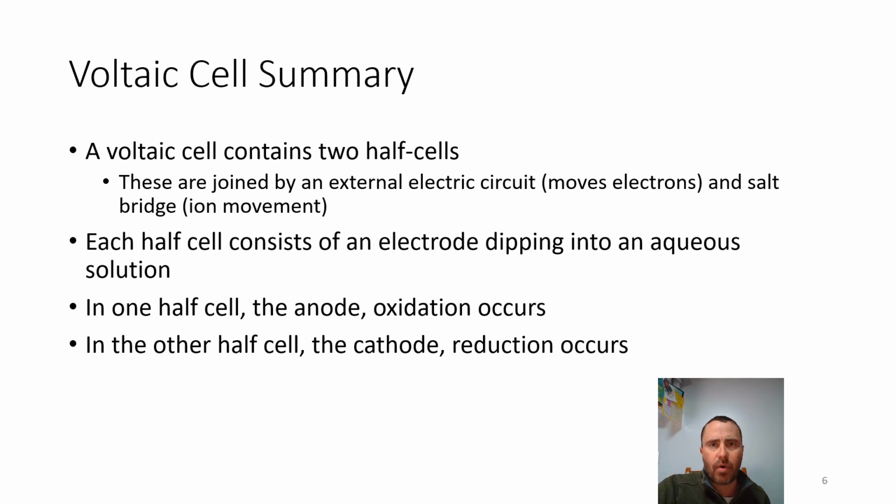So they're connected by a wire and a salt bridge. And that salt bridge allows for our charges to redistribute a little bit in order to allow the reactions to take place. Remember that each one of our half cells does have to have an electrode. Where the oxidation is taking place, we call that the anode, and where the reduction is taking place, we call that the cathode.